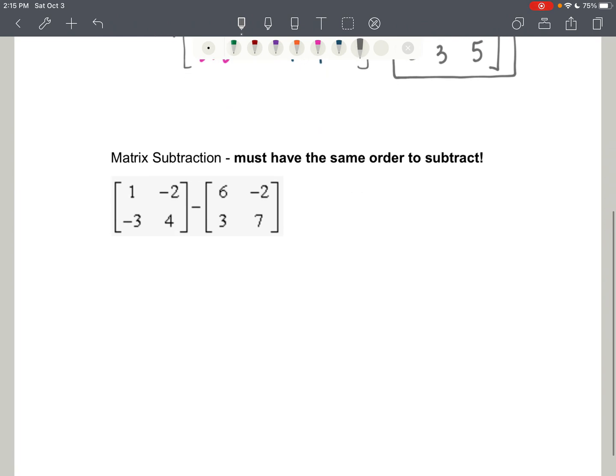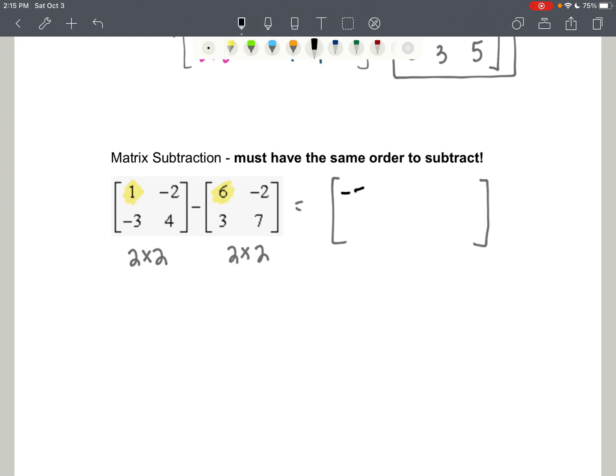Okay, let's try subtraction. We have to have, again, the same order to subtract. This is a 2 by 2, and this other matrix is also a 2 by 2. So we're going to be able to subtract the corresponding elements. So 1 minus 6 is negative 5.